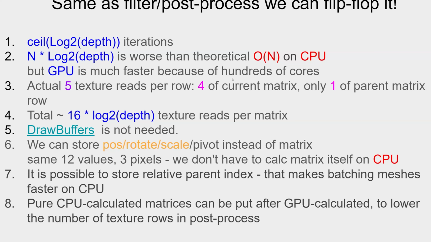If you have batching for your meshes, you can just store the relative parent index, and it will be much easier to assemble the array of all the matrices. I will show it later. And if there are purely CPU-calculated matrices, like where you need inverse kinematics, then it also can be done. You just write them in the end, and they don't participate in this flip-flop process.